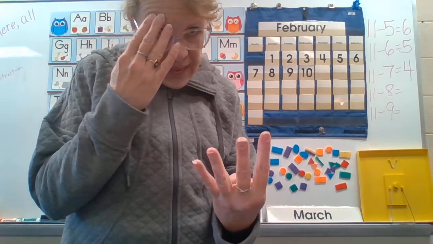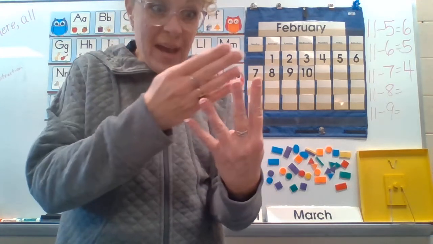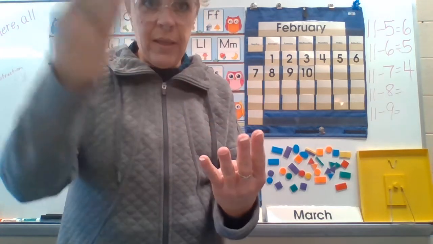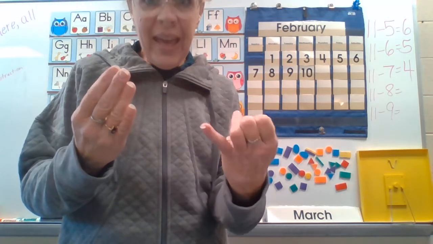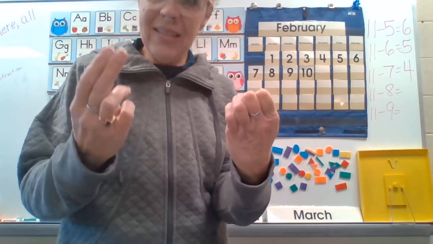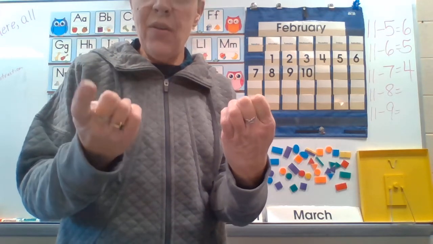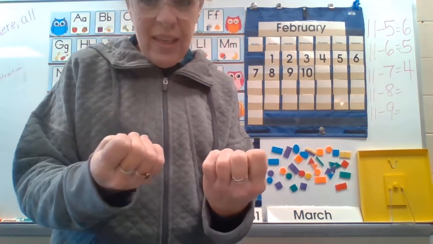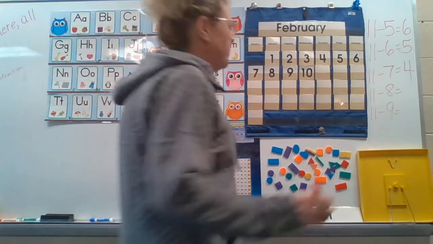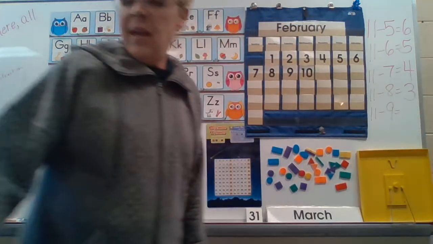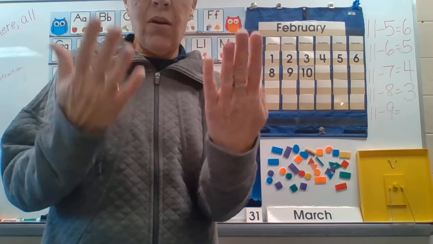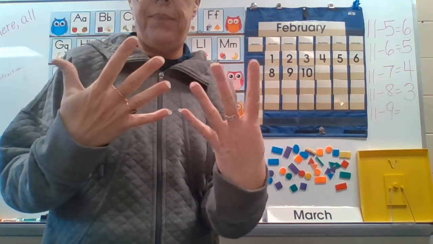So I'll put 11 in my head. Then I have to count backwards all these. Okay, 11, 10, 9, 8, 7, 6, 5, 4, 3. And then I have to take 9 away. That means all these except one thumb.